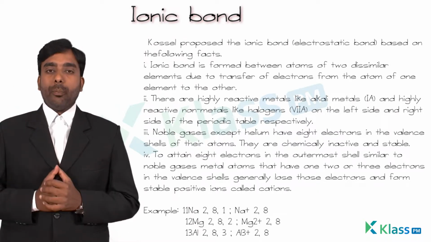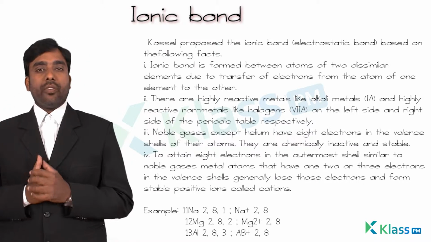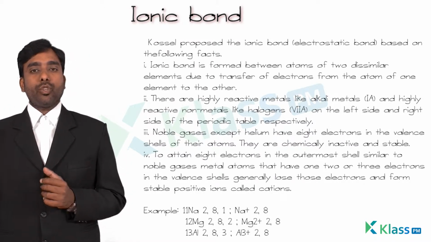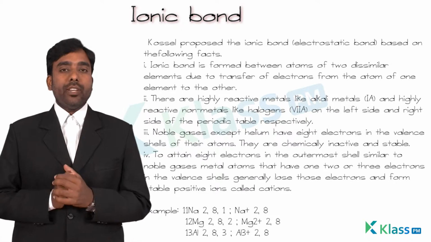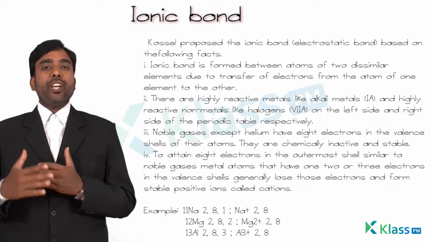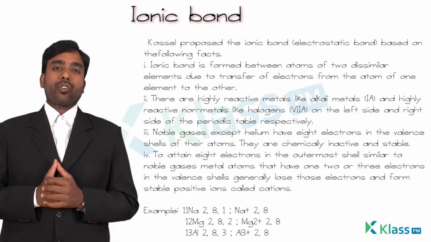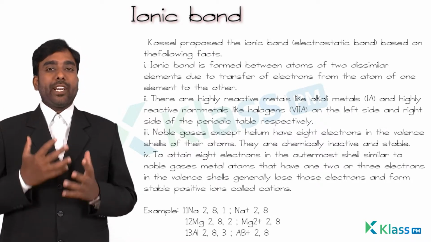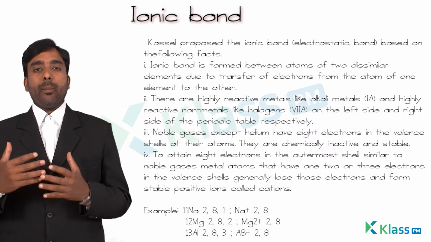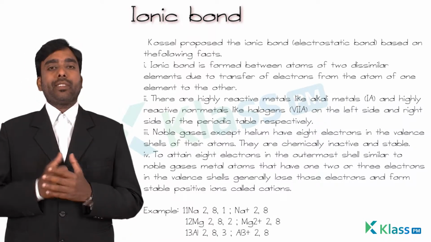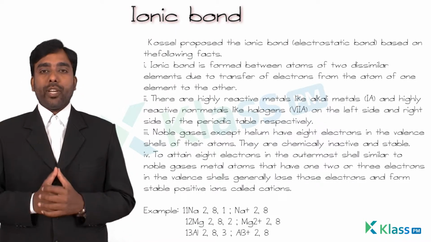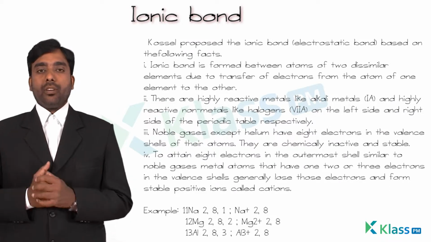Magnesium's electronic configuration is 2, 8, 2, so there are two electrons in its outermost shell. If magnesium loses these two electrons, it gets a stable octet configuration, becoming the Mg2+ cation with configuration 2, 8.